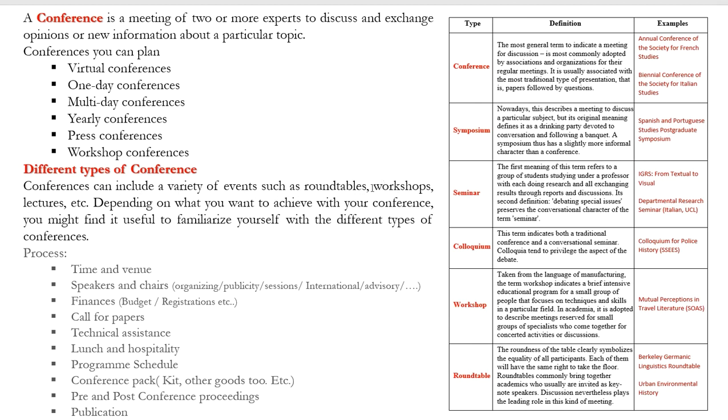Some examples are an IEEE workshop or symposium, and Springer lecture notes. Depending on what you want to achieve with your conference, you might find it useful to familiarize yourself with different types of conferences.